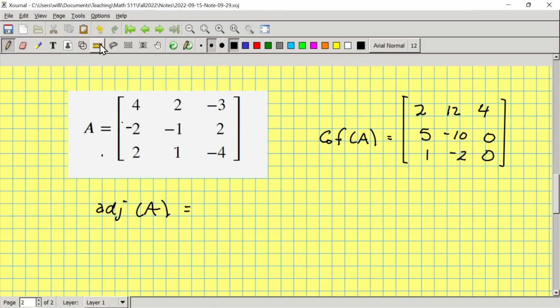It's going to be the 3 by 3 matrix. And what's the first column of this 3 by 3 matrix? 2, 12, 4. And what's the second column? And the third column?